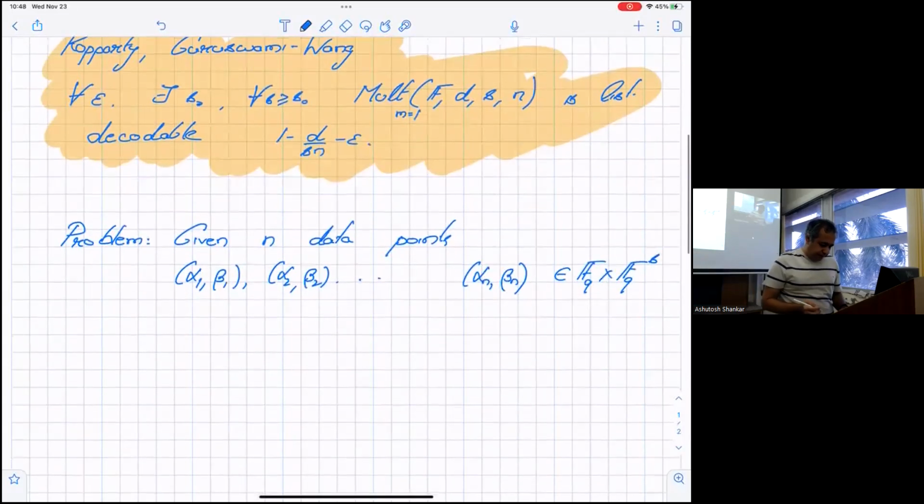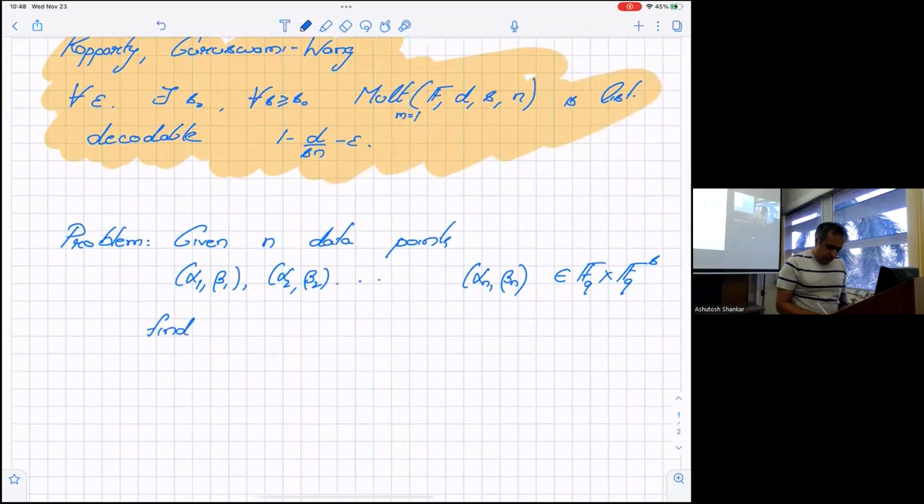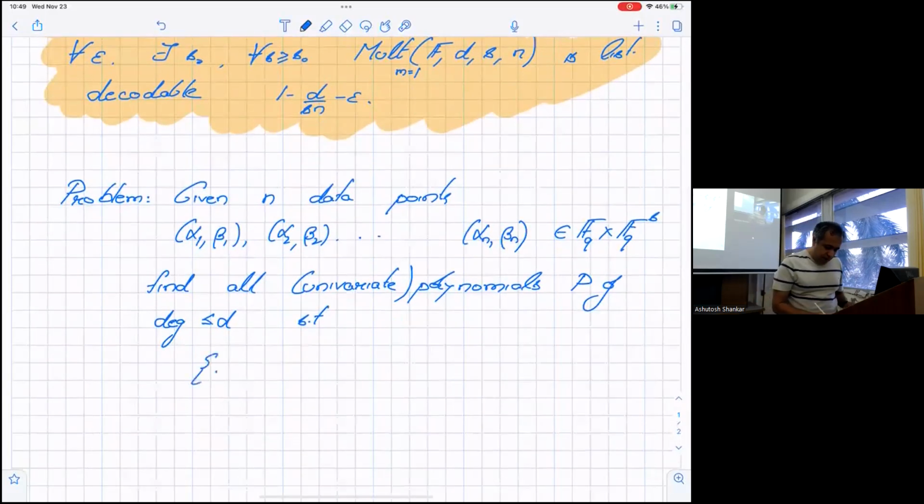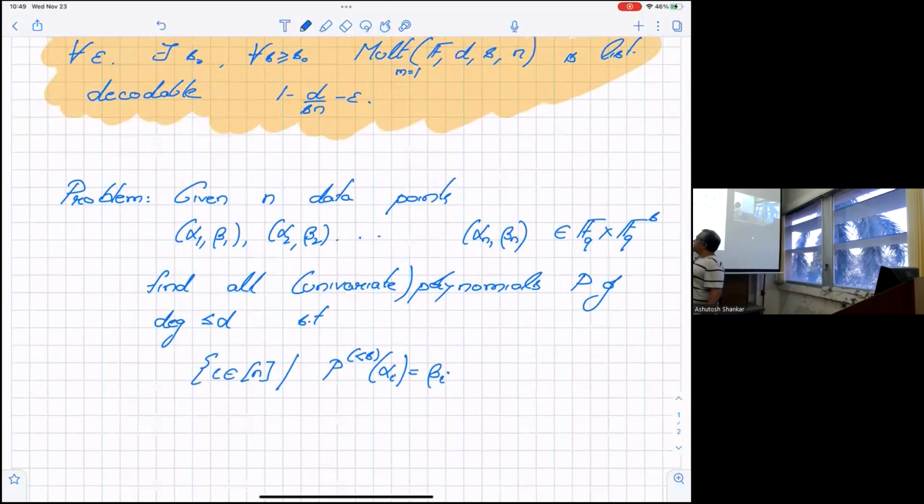In other words, you want to find univariate polynomials P of degree less than or equal to t, such that we look at the number of data points on which the derivative sequence of P up to s at alpha i is equal to beta i. That is the shorthand notation: P^(i) is a particular derivative, and P^(<s) is the entire set of derivatives from 0 to s minus 1.